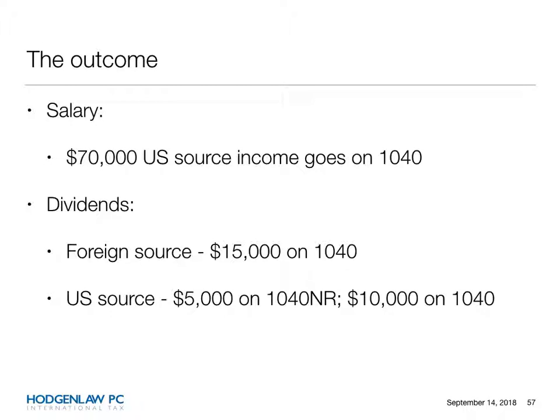You'll see in line 39B, since he's a dual status alien during the tax year, that box is checked, forcing him to itemize. We're assuming that he didn't have any itemized deductions, so 0. At least for the 2017 return and prior years, he has that exemption of 44,050.